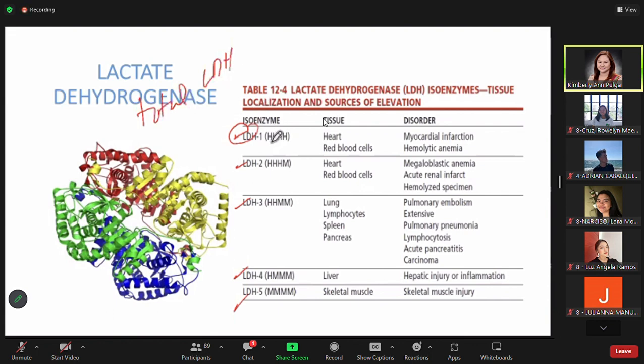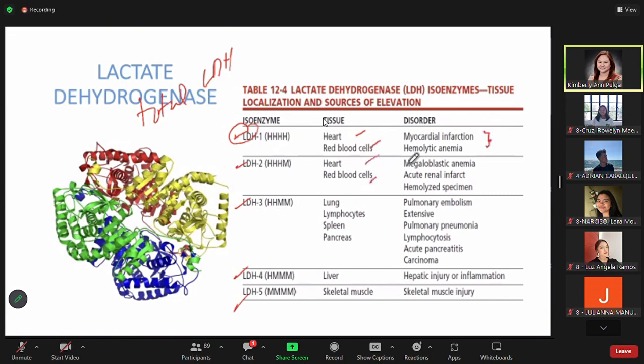Well, in here, if we will be measuring them into their isoenzyme fractions, mas maganda because you can see here the tissue sources for each of the isoenzyme. Like your LDH1 here, heart and red blood cells lang sila. So, probably, ang disorder ng pasyente ay myocardial infarction or hemolytic anemia.